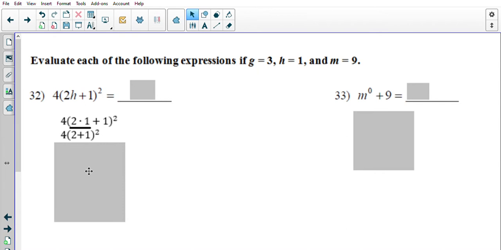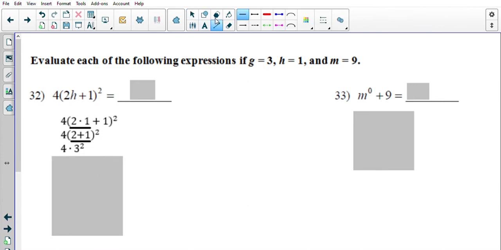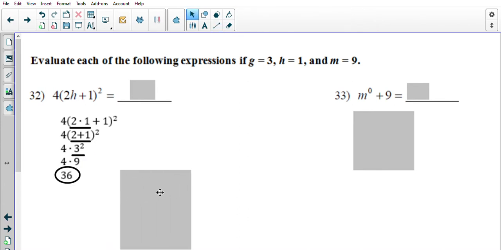So we have 2 plus 1 inside the parentheses. 2 plus 1, of course, is going to get us 3. So we take 4 times 3 squared. 3 squared is 9. We're going to see it so many times. And 4 times 9, of course, is 36. We're not going to get that many 36s all the time, but we do see that number quite a bit.